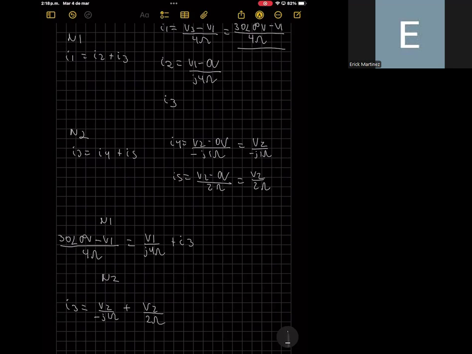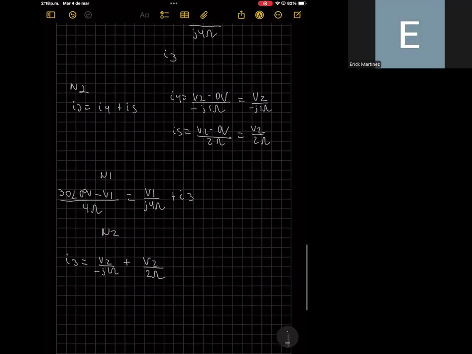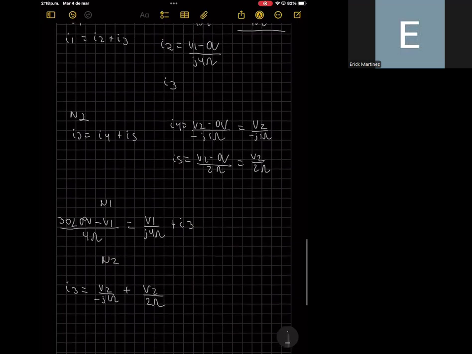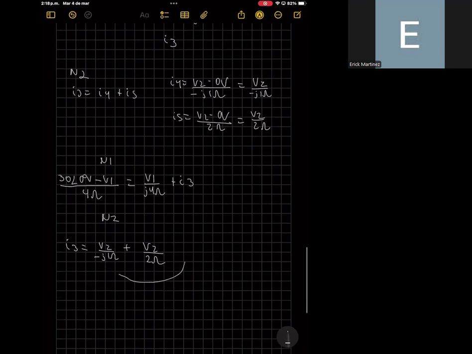So the idea is that we don't know the value of I3, and we also do not know the value of V1 and V2. But here we have a relationship that describes the current I3. So we can substitute this expression into our first node equation, the equation for node number 1.